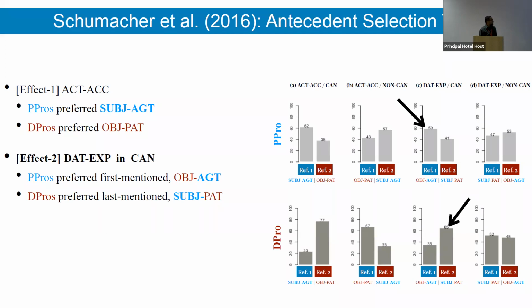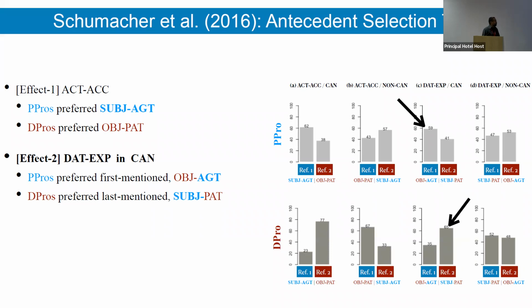The interesting case is with the dative experiencer verb in canonical word order. What they found is that personal pronouns prefer the first mentioned referent, which has the object grammatical role, but is the agent.